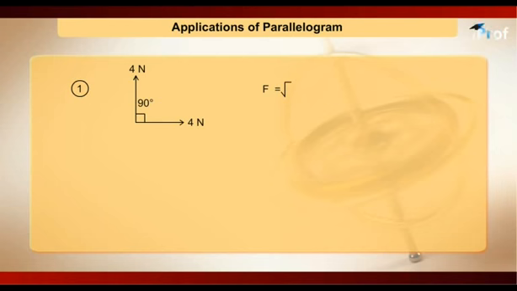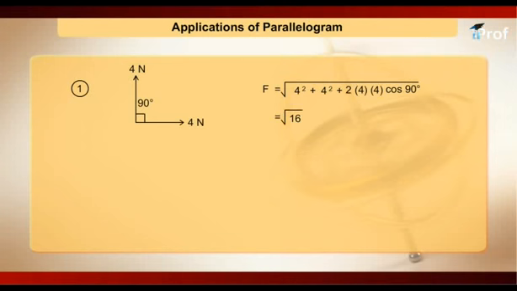The resultant force of 4 Newton and 4 Newton acting at an angle of 90 degrees will be given by the square root of 4 square plus 4 square plus 2 into 4 into 4 into cos 90.